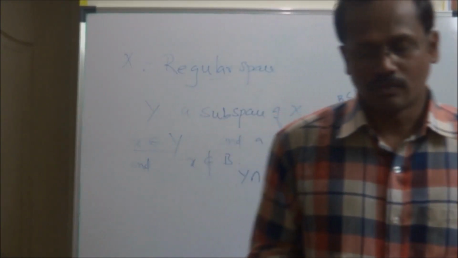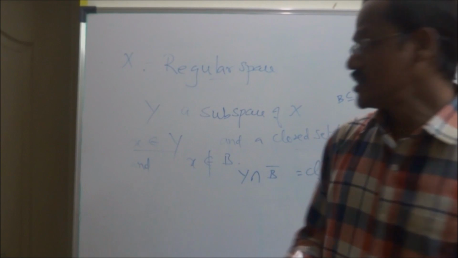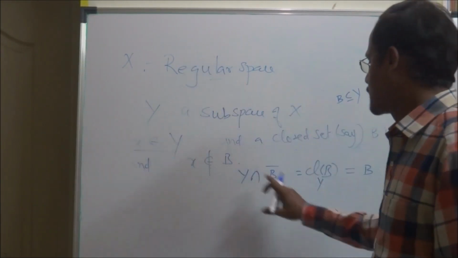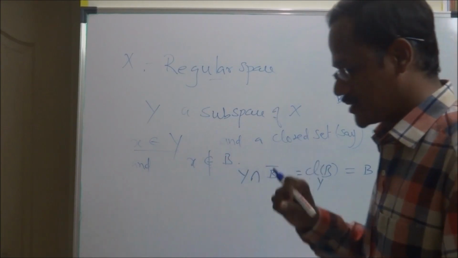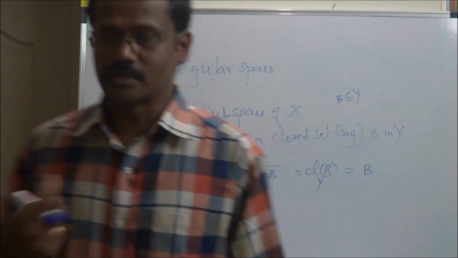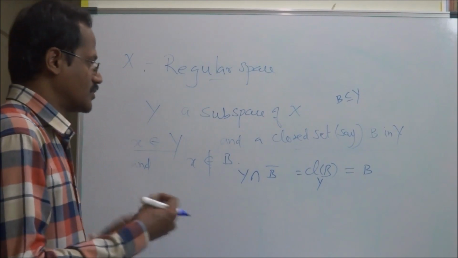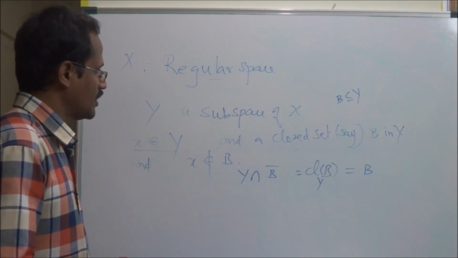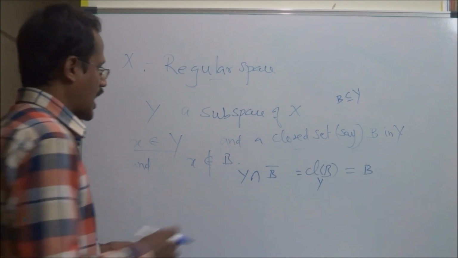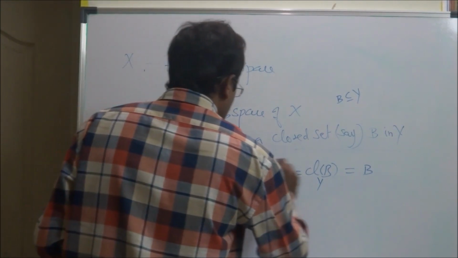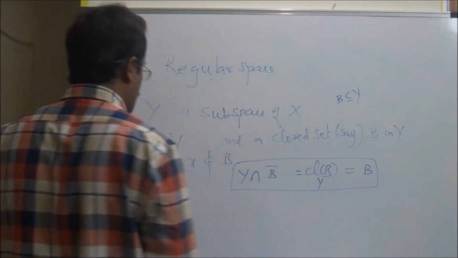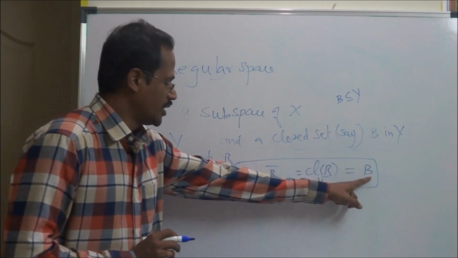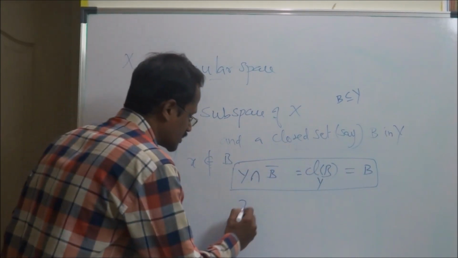So the closure of the set B with respect to Y is the closure of the same set B with respect to the space X intersected with Y. That is a characterization theorem for finding a closure. So I have this representation for the set B. Now x is not in B, but already a point of Y, therefore x is not in B closure.